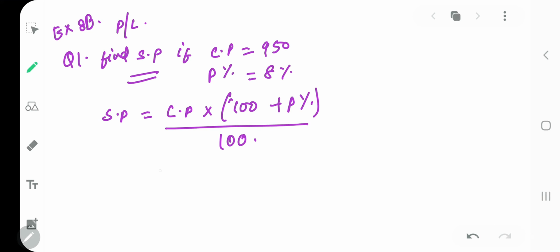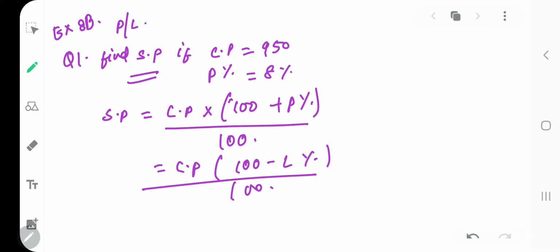And if you have loss here, it will go something like this. Shall we start? So we have to find SP. So SP is CP 950 into 100 plus 8% upon 100.